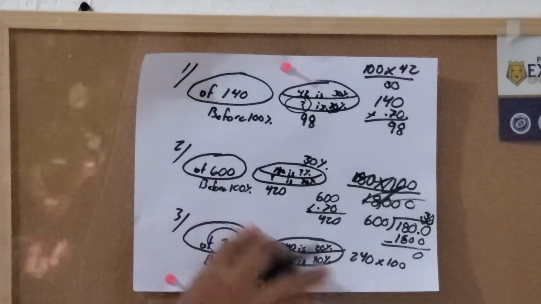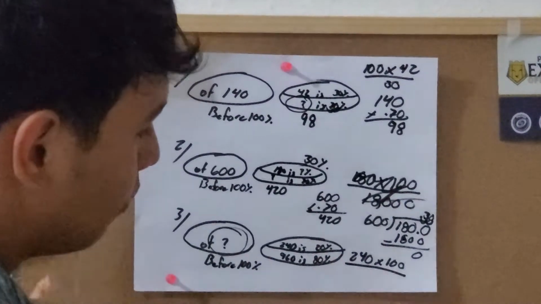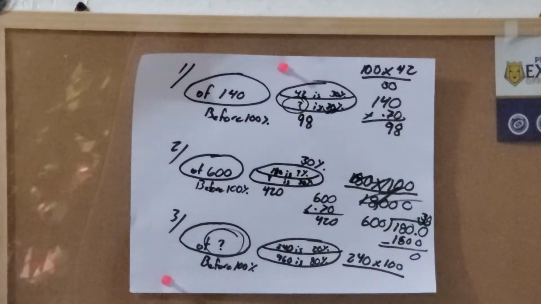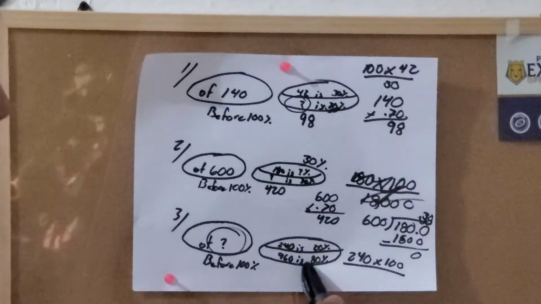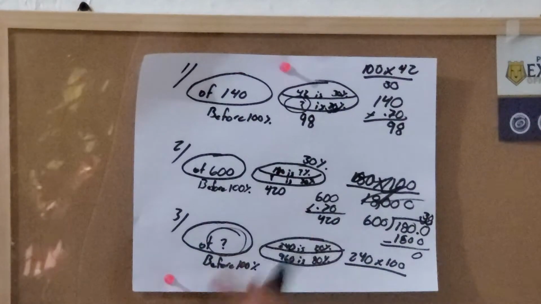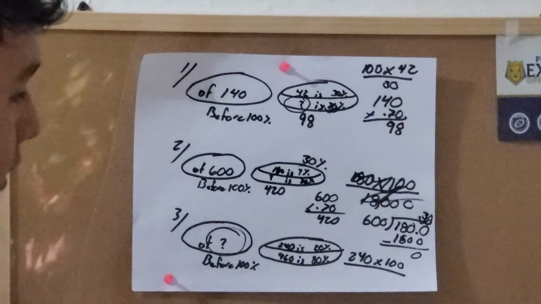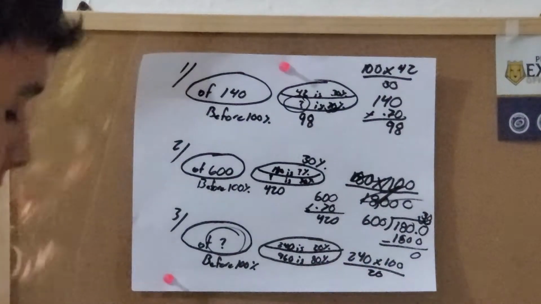There are more examples, but I am using the main ones. So we multiply 240 times 100. Why? Because the before is 100 and the number after is added to the 100. So we multiply by 100, then divide by the percent, which is 20.